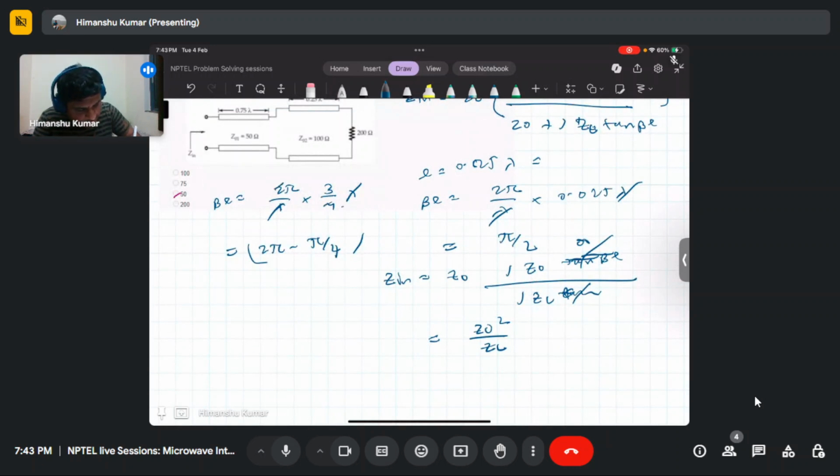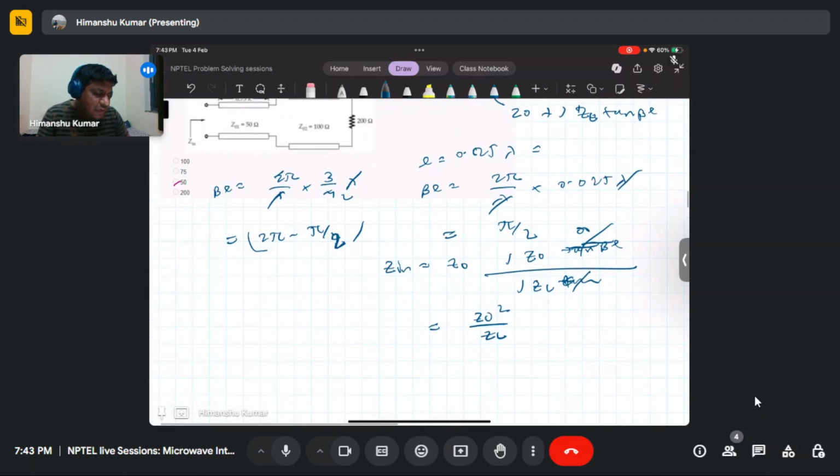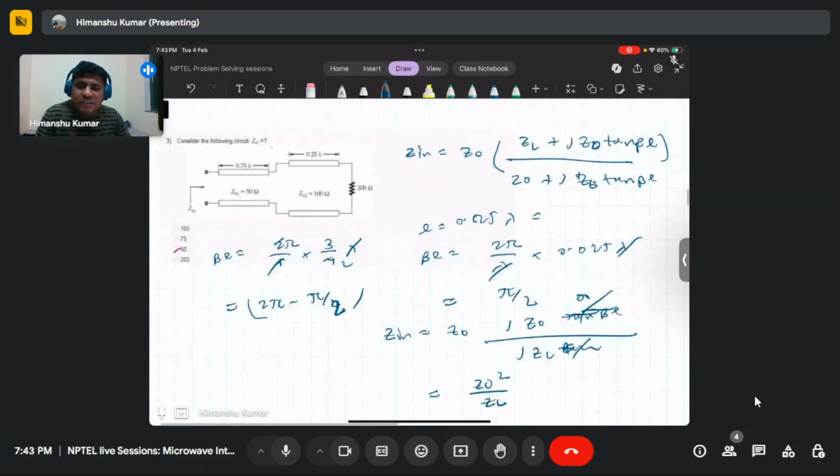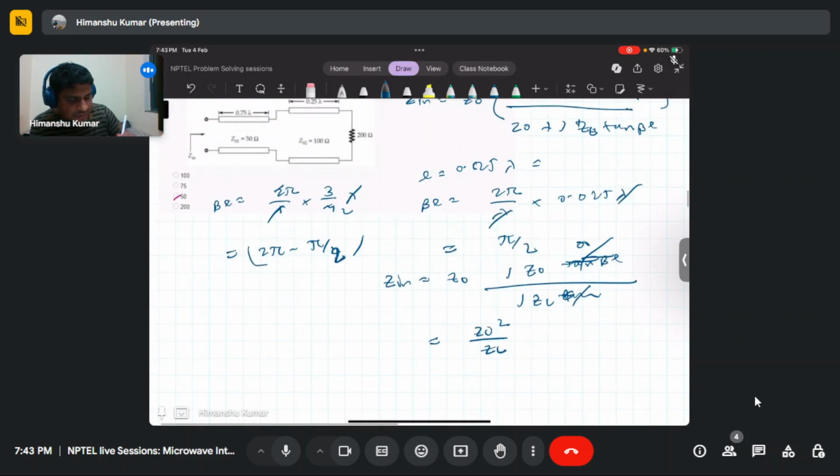This is pi by 2, so this is 3 pi by 2. Basically, this 0.75 or 3/4 line also behaves as a quarter wave transformer, so the input impedance will be similar.